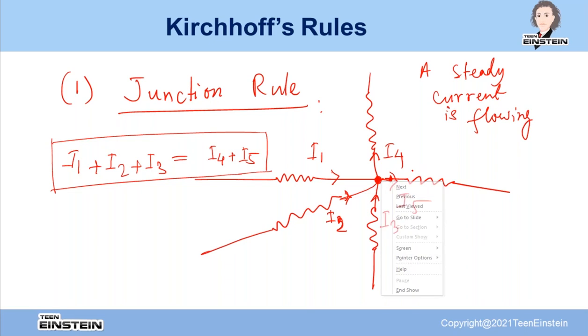So look, if this is steady current, according to conservation of charge, current means flow of charges. Through this path, whatever charges are coming to this junction, through another path I2, whatever charges are coming, even through I3, whatever charges are coming, if you put together all the charges, because it is a steady current, those charges will always be flowing out.